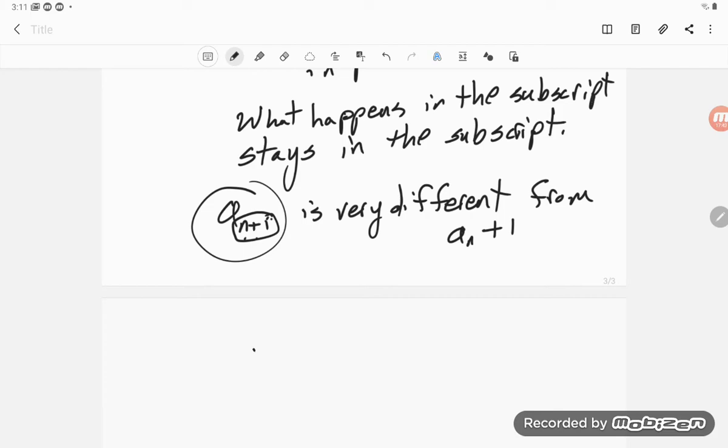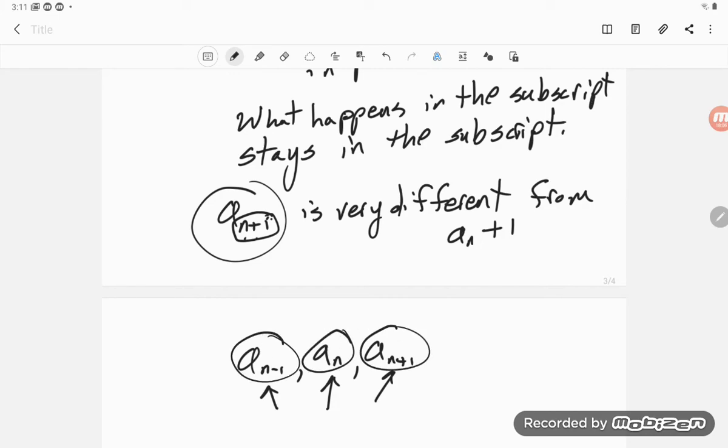And when I look at a sub n minus 1, a sub n plus 1, I say, okay, so a sub n, maybe I'll focus on that, and then that's the element previous, there's the element after. The a sub n plus 1 is the element after a sub n, and a sub n minus 1 is just the element previous to a sub n. And I just kind of look at it that way.